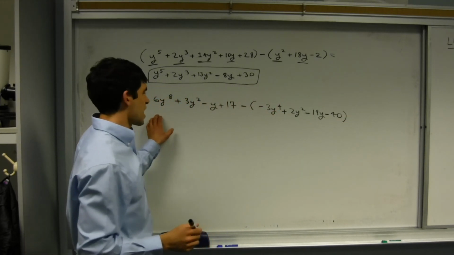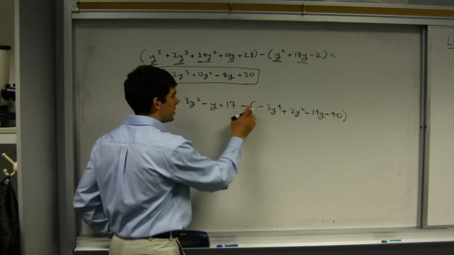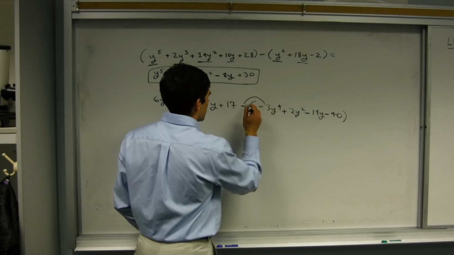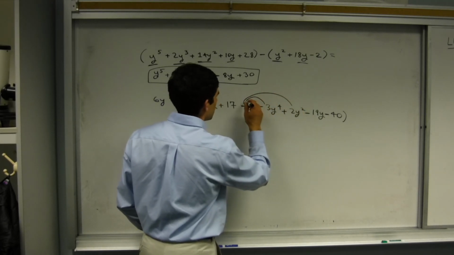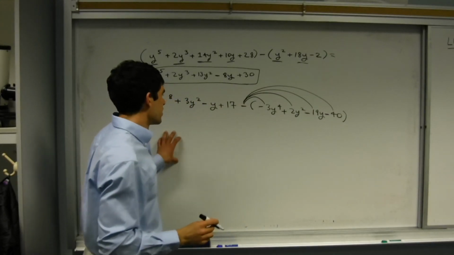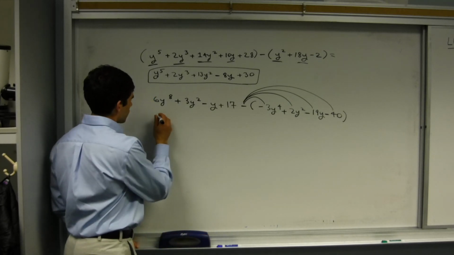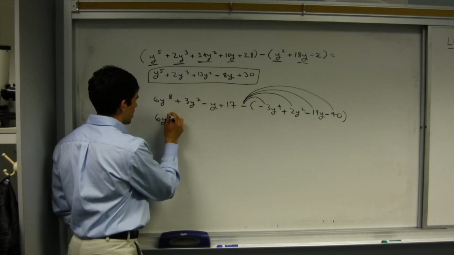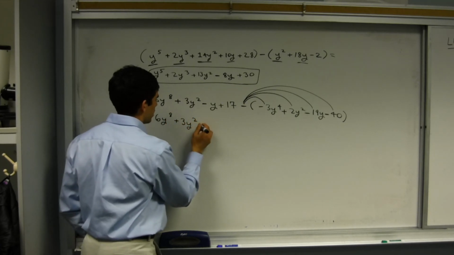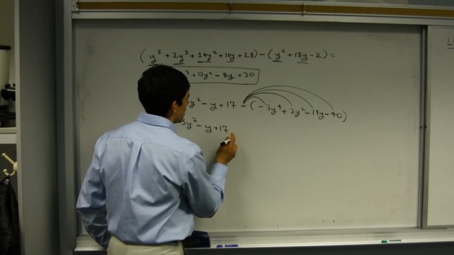So another technique we can use when we have a subtraction is to distribute this minus to each term. So we're going to distribute the minus to here, to here, to here, and to here. So what that does is that means that we're going to leave this first term alone. And we're going to get 6y to the 8th plus 3y squared minus y plus 17.